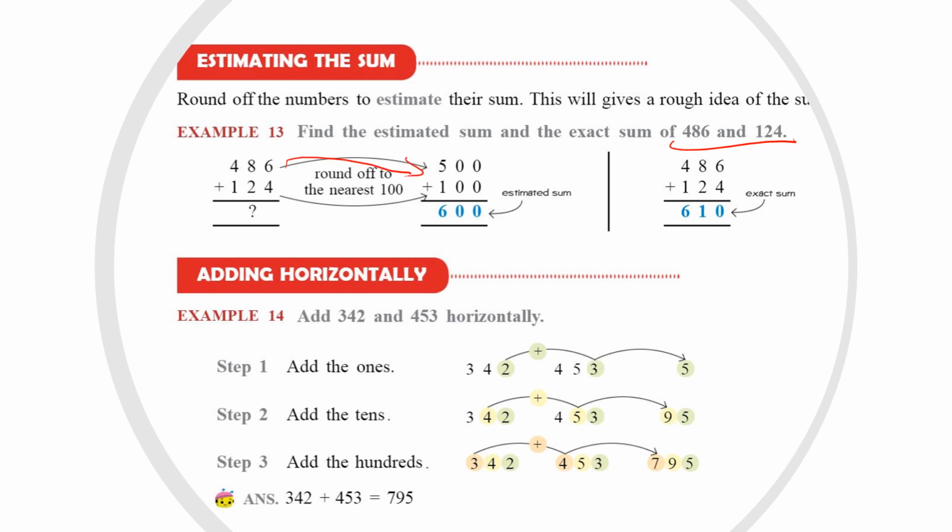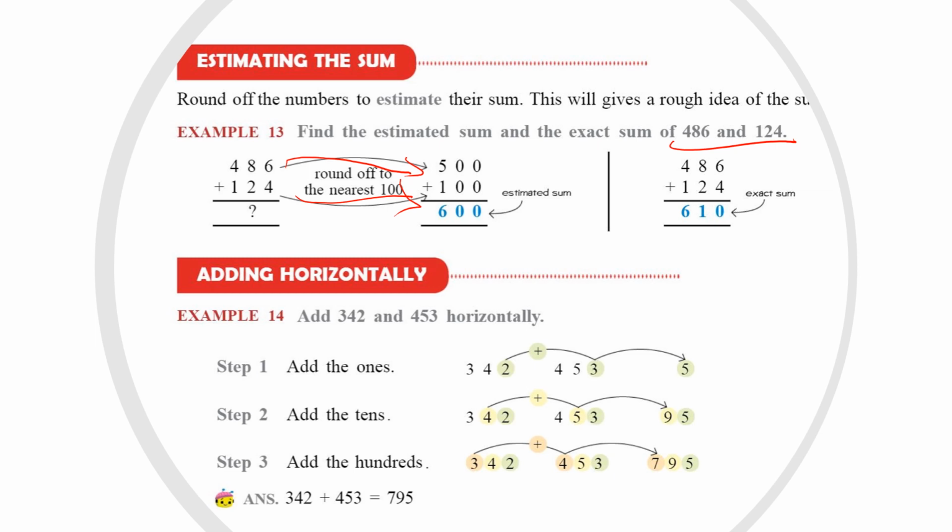The next one is 124. Round off 124 to the nearest 100, it will be 100. So when you add the two, you will get 600. This is our estimated sum. Estimated means it is an approximate answer. It is not the exact answer.